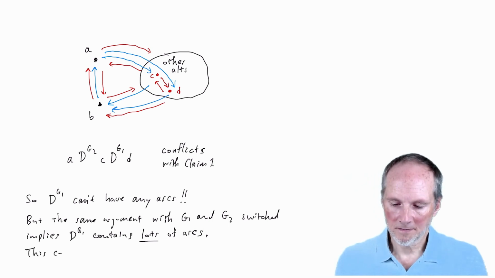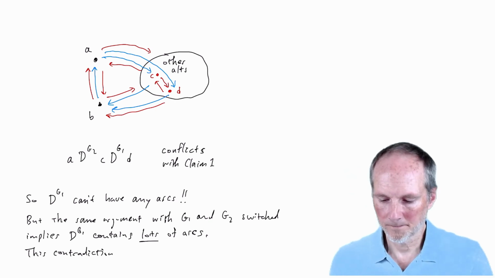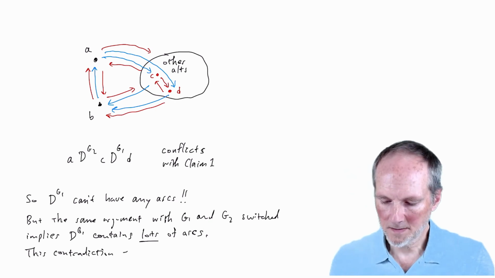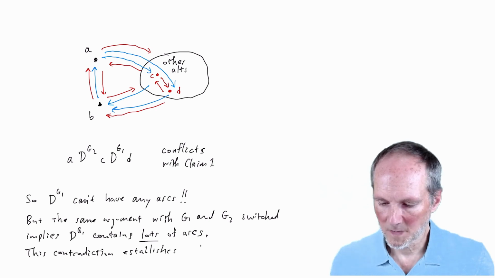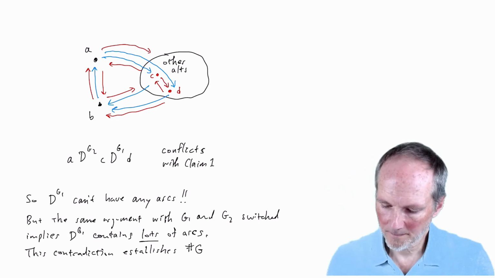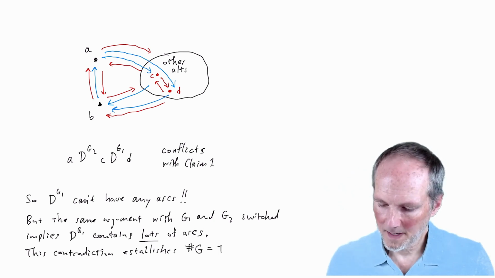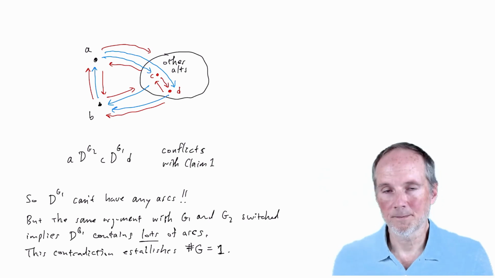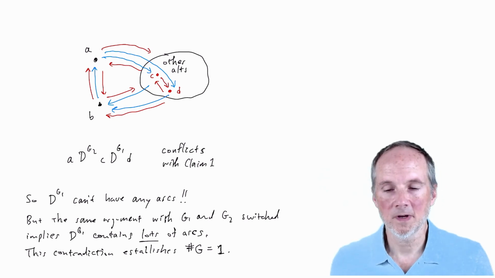This contradiction establishes that the smallest decisive group has one element. It consists of one individual.